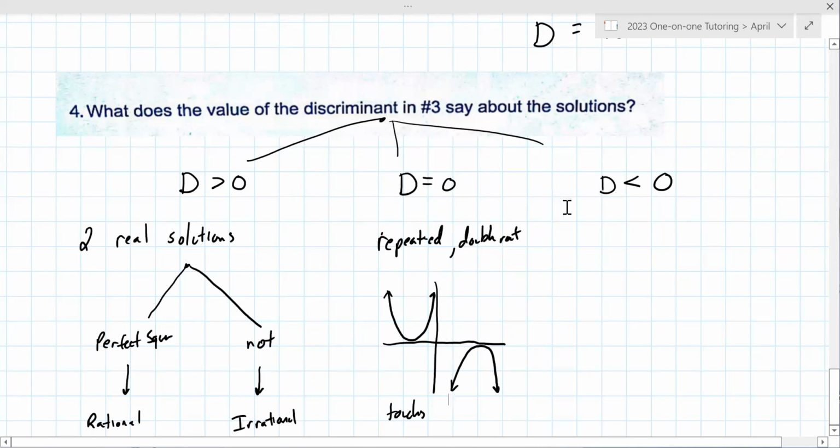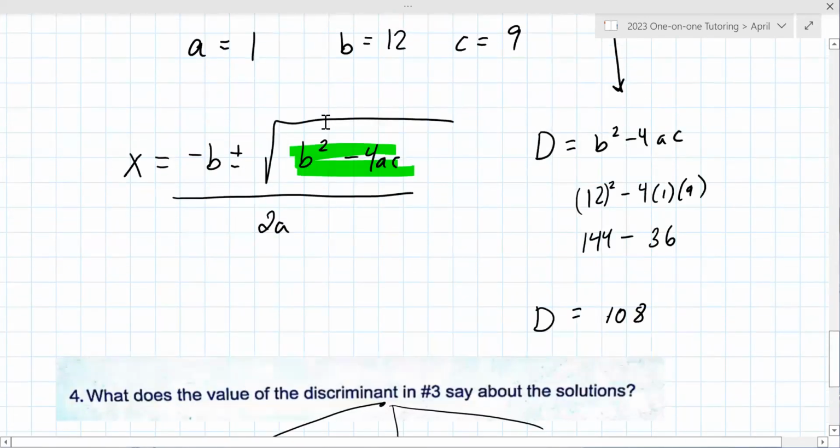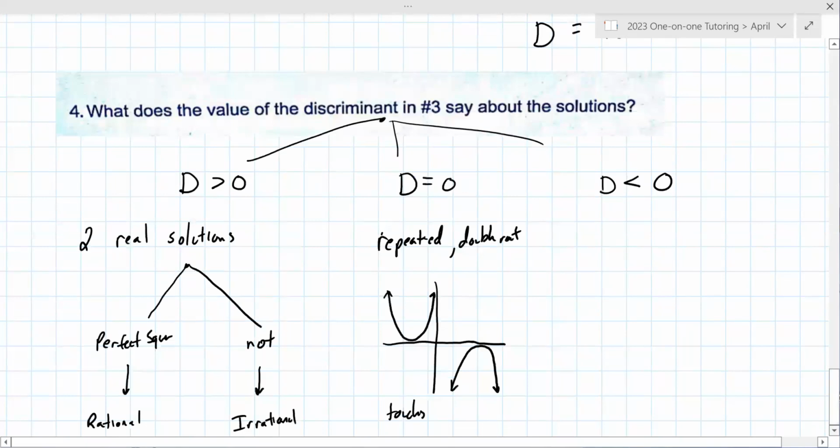The other possibility here is when the discriminant is less than 0, that's the square root of a negative number. What do you remember about square roots of negatives, if anything? Well, there's always a positive and a negative. Just to be clear, I'm talking about the square root of -1. Do you remember what that is? No, I don't think so.